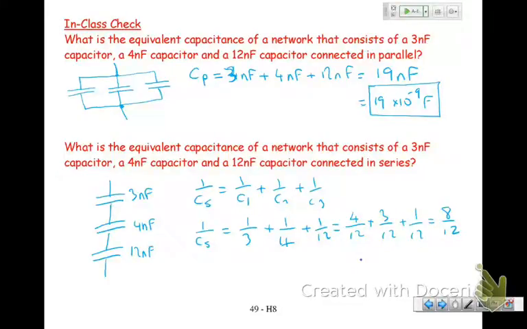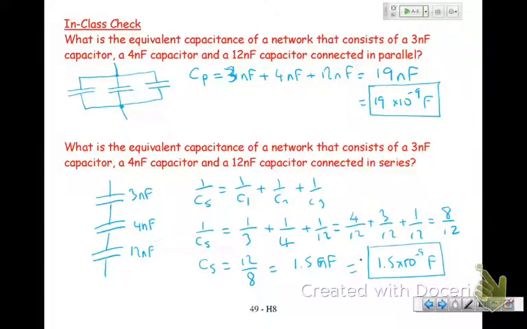And I can't tell you how many people put down 8 over 12 farads for the answer, which is wrong, because C series is equal to 12 over 8, which equals 1.5 nanofarads, which equals 1.5 times 10 to the minus 9 farads.